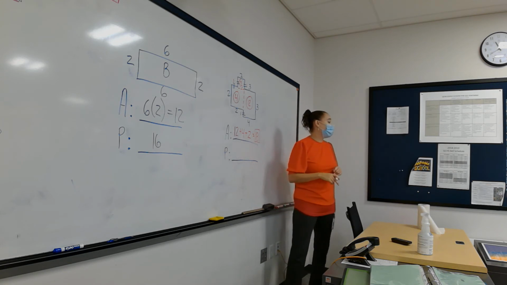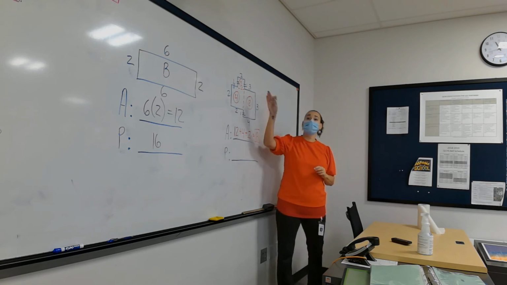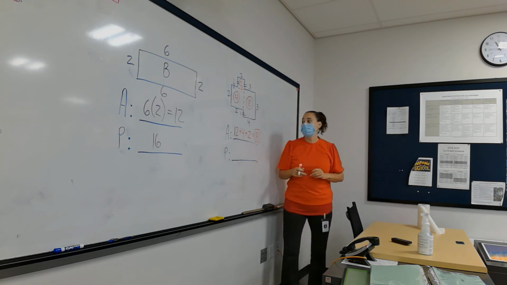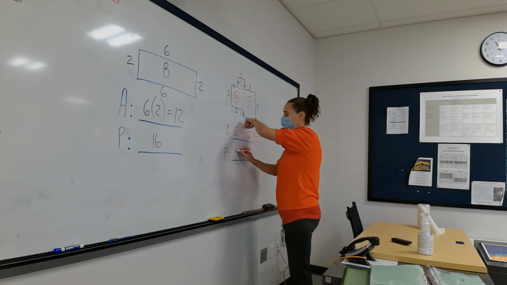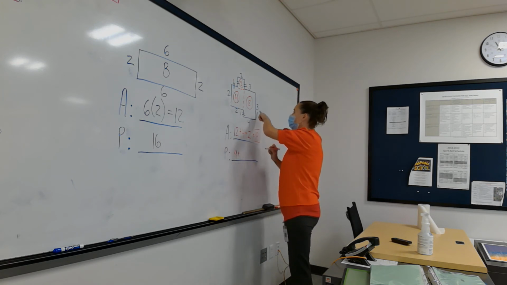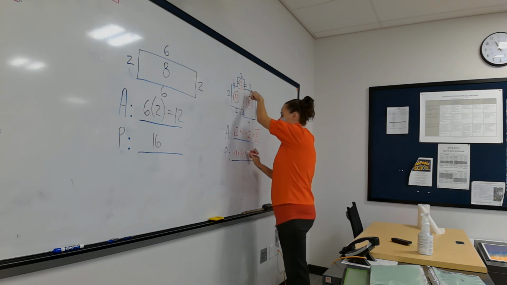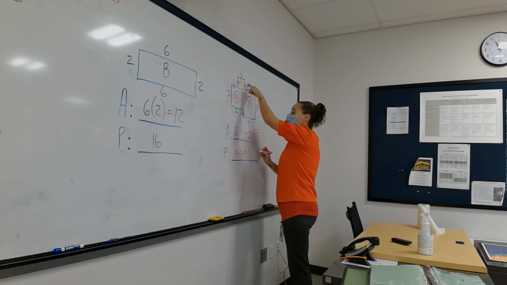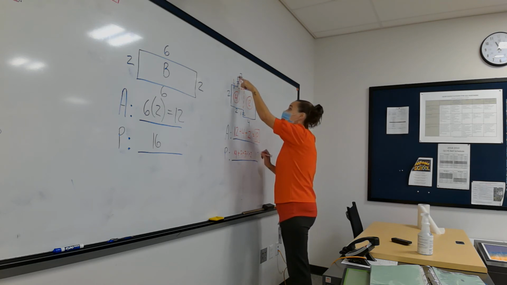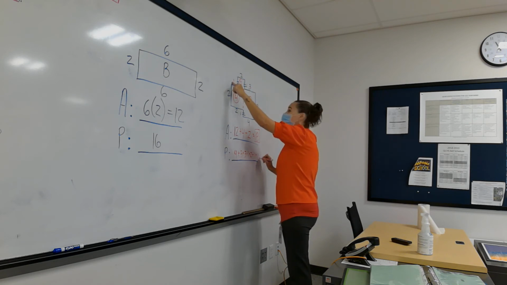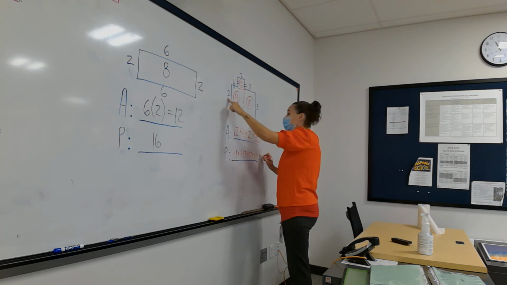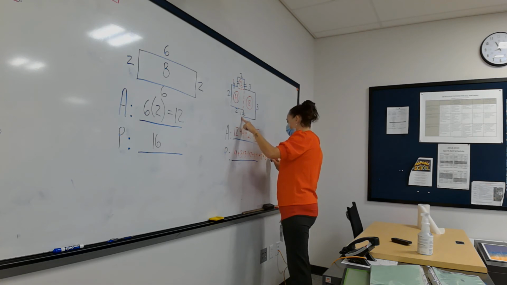Perimeter, you do a walk around. This one, there's a lot. Don't miss any of the units. So you got to say 4 plus 3 plus 3 plus it goes up 1 plus it goes over 2 plus it goes down 1 plus it goes over 1 plus it goes down 2 plus it goes over 2 plus it goes down 1.